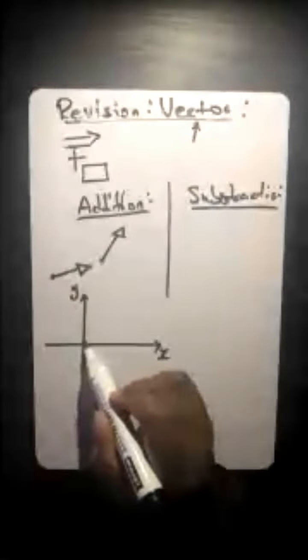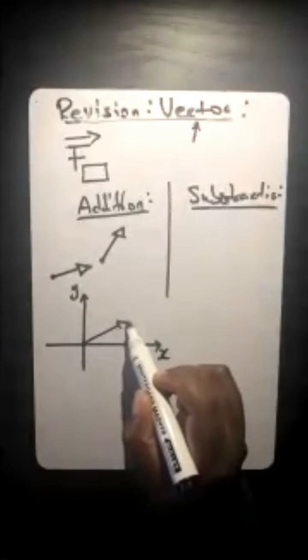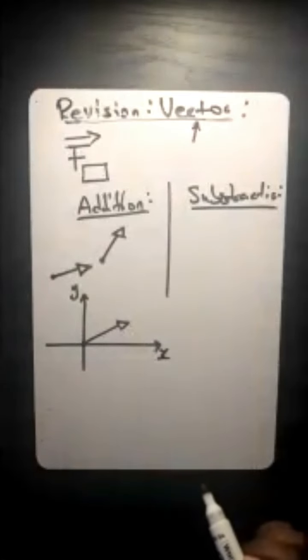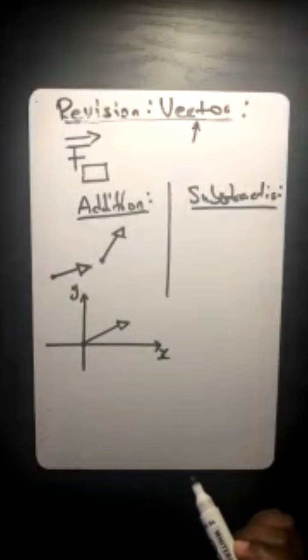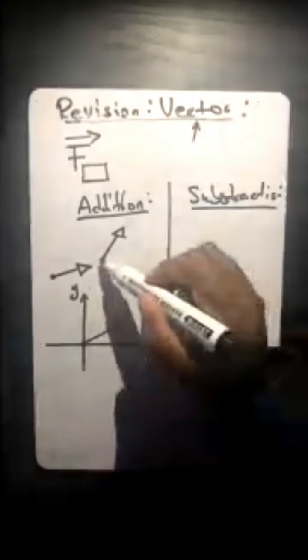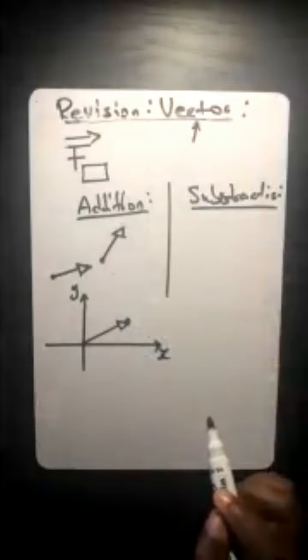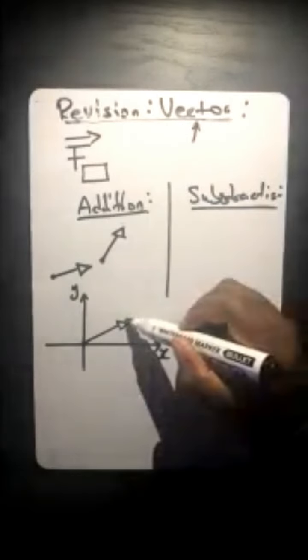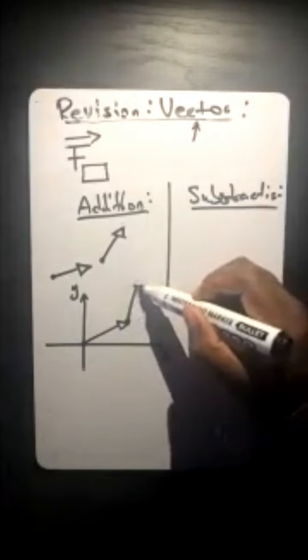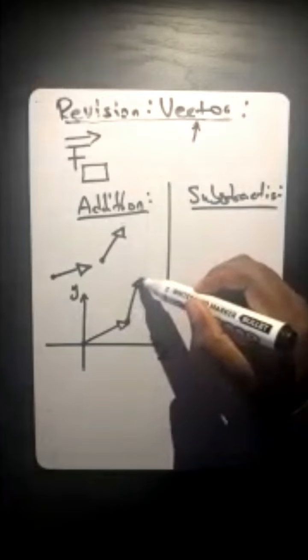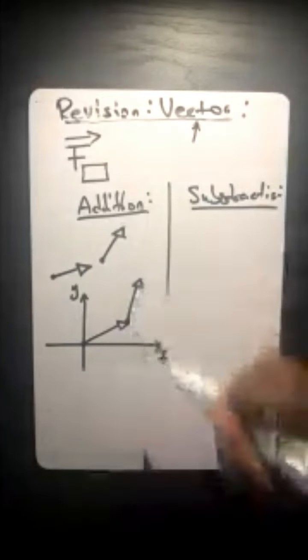Obviously it originates from the origin, then it goes in that direction, and you join that second arrow from the head. So it's a head-to-tail representation.